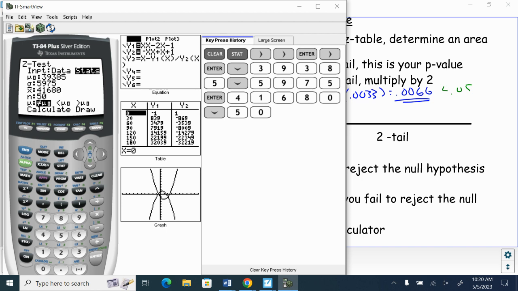So we're just entering in the information. We look at our alternate hypothesis. Alternate hypothesis we're not equal to. So make sure that is highlighted. Mu is not equal to mu naught.